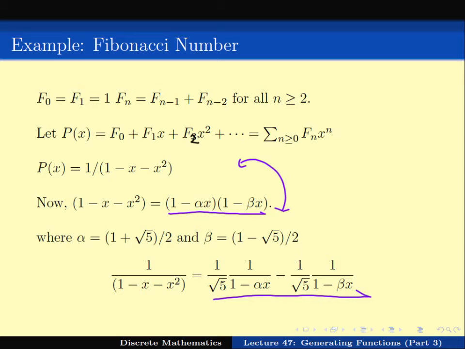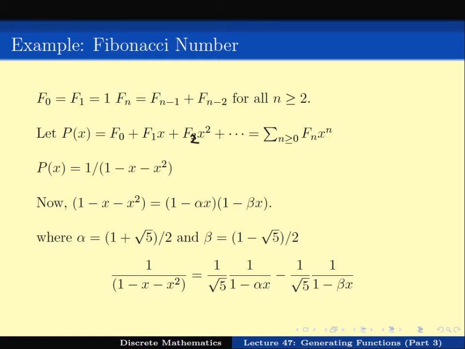So, we first factorize the denominator and then we write it down as this expression, where note that this one is a linear expression and this is also a linear expression. It is 1 by a linear polynomial, a polynomial of degree 1. Note that this is exactly what we wanted, because we know the Taylor series expansion of the inverse of linear functions.